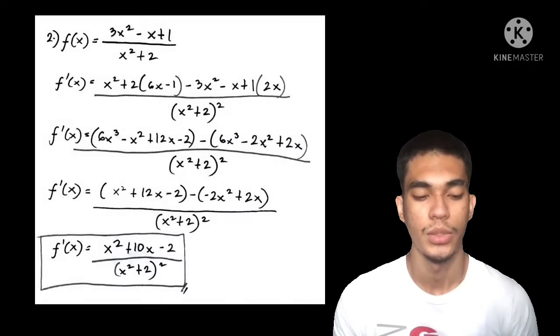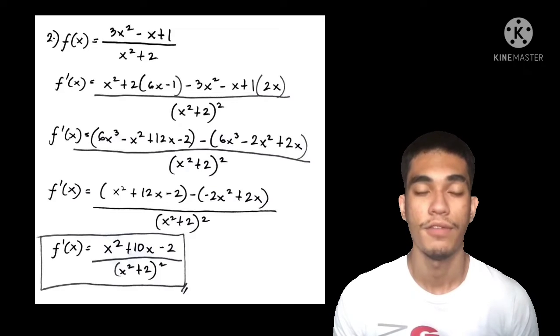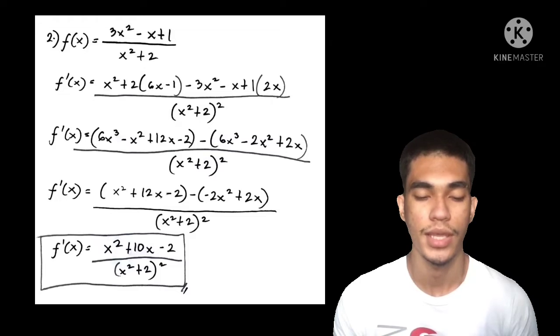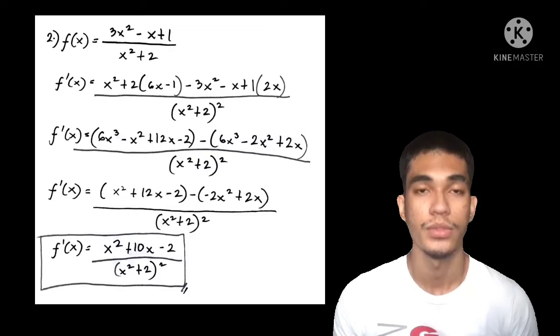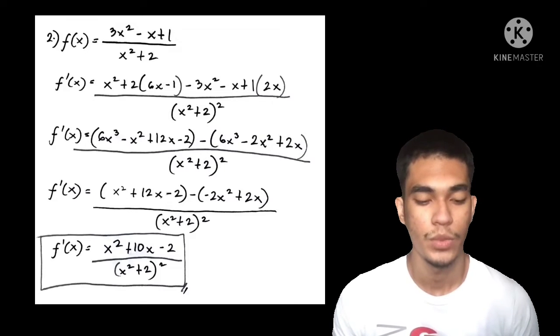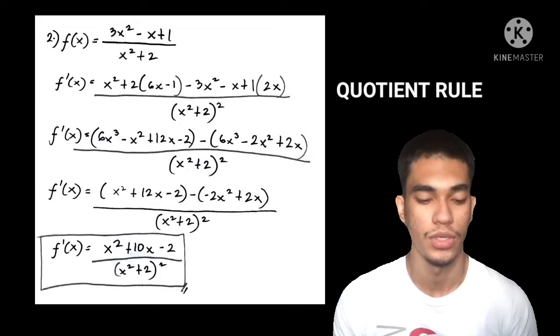Now let's proceed with our problem number 2, which is f of x is equal to (3x squared minus x plus 1) all over (x squared plus 2). So to solve this, we will use the quotient rule.